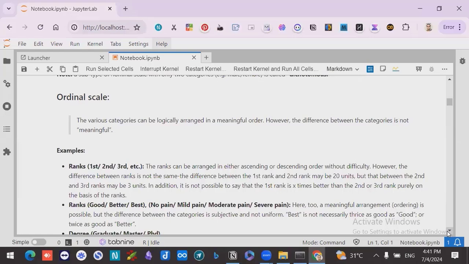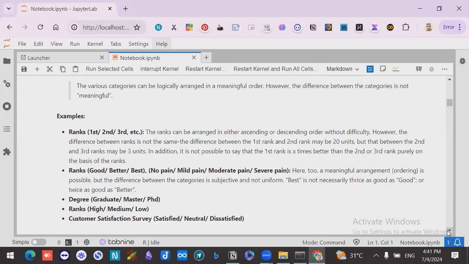For example, ranks. First, second, third. Because he is telling ranks, I would say first prize is better than second prize and third prize, because here order matters.